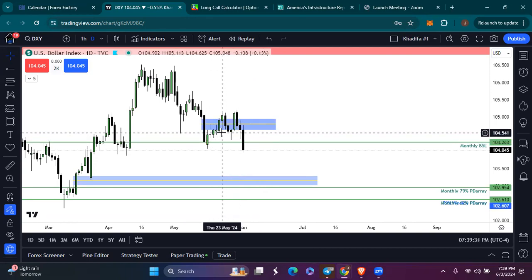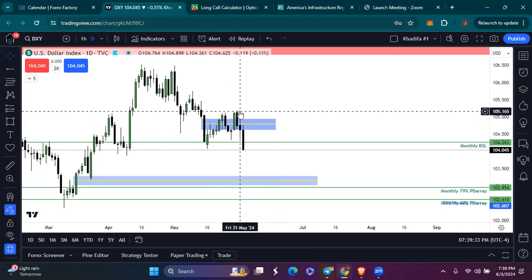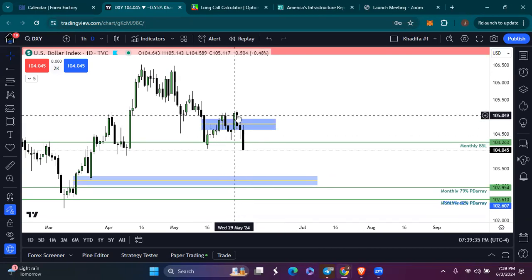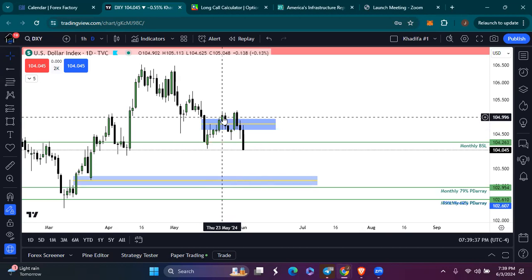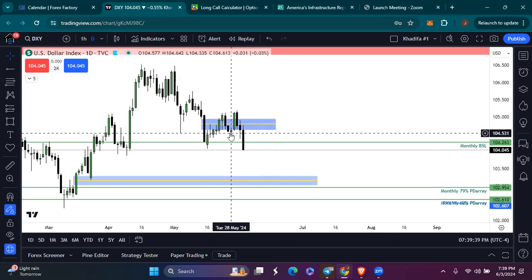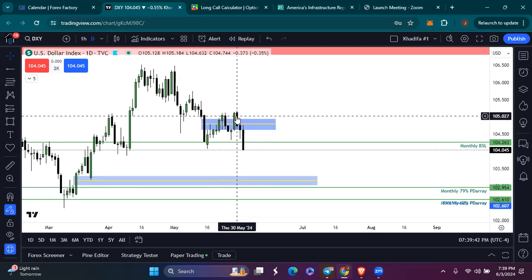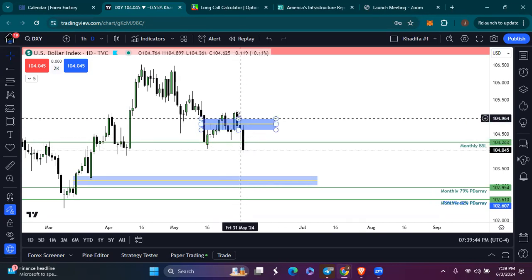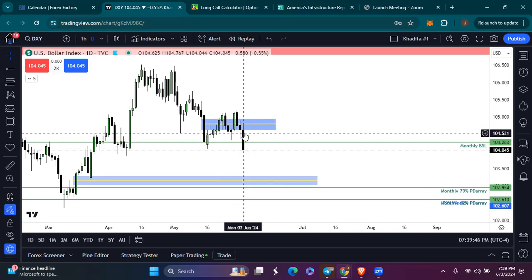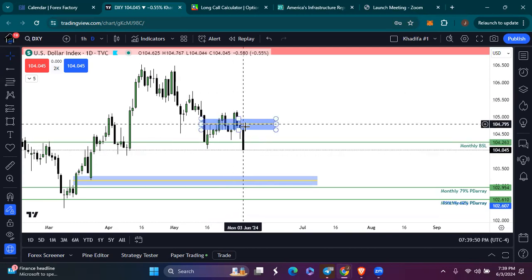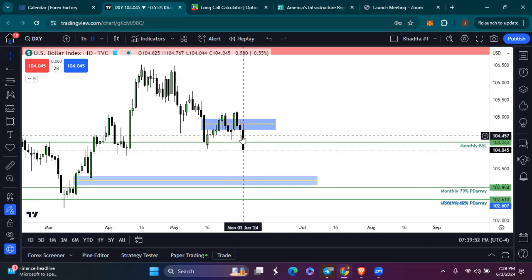Last week we didn't get any displacement. It kept playing around, closing a little bit above it here, a little bit below it there, but nothing definitive, no real displacement in either direction. But we did see that today.